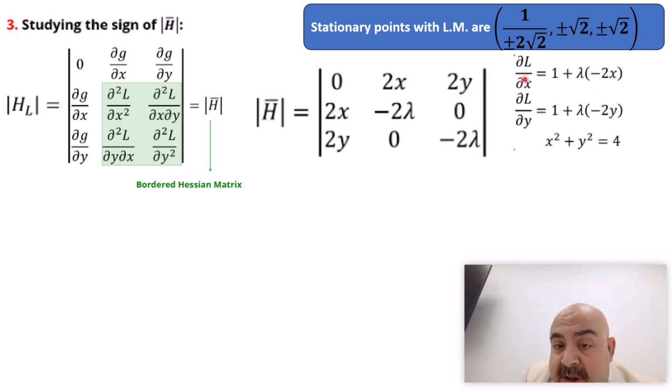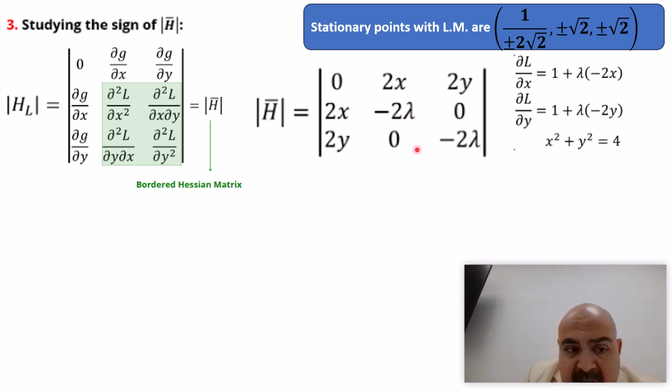Differentiating this guy with respect to y, we don't have y's here, so the result will be 0. Once more, I will go for the second derivative with respect to y. So I will take the first derivative and start differentiating with respect to y, which will develop a negative 2 lambda, as you can see. And those are the mixed derivatives that we have.